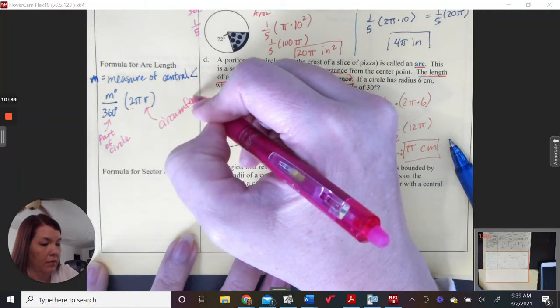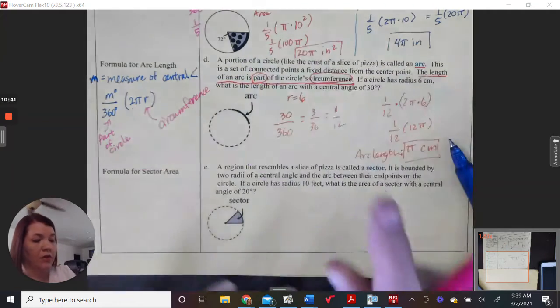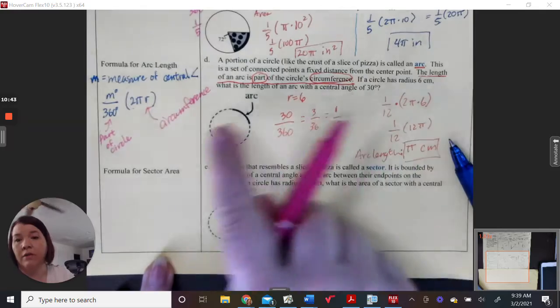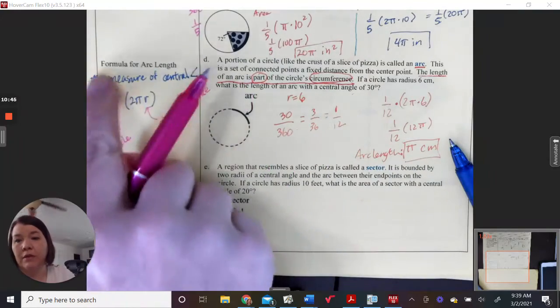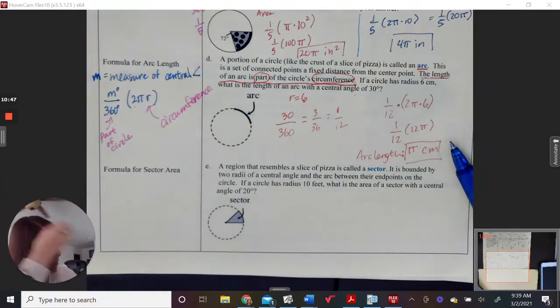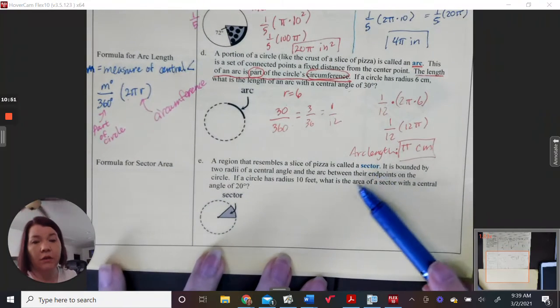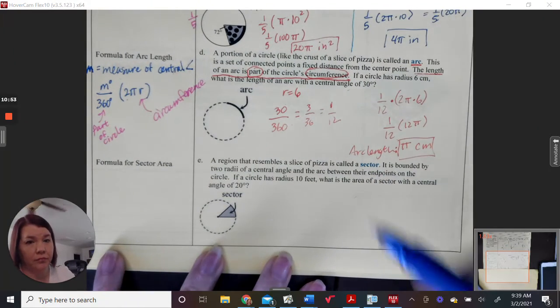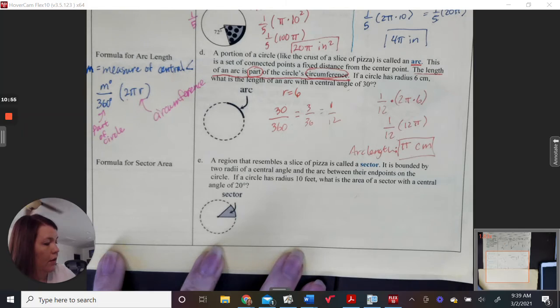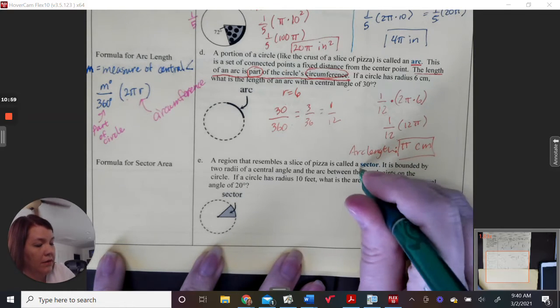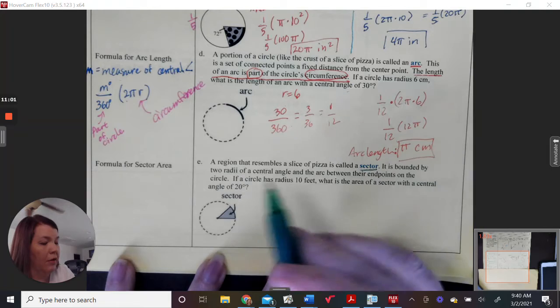A region resembling a slice of pizza is called a sector. It is bounded by two radii of a central angle and the arc between their endpoints on the circle. So the arc and these two pieces, the crust and the pizza cuts.